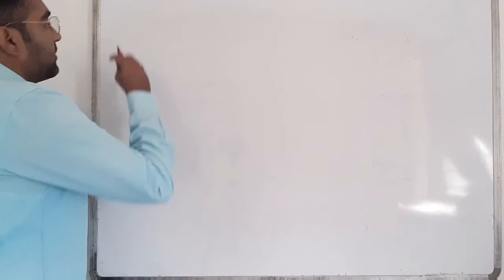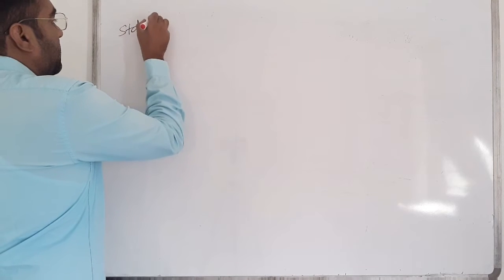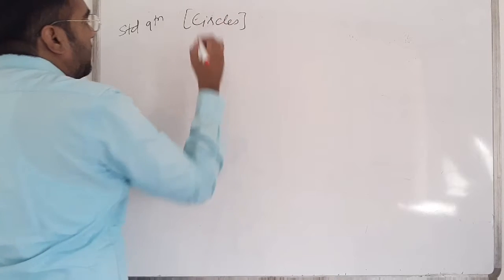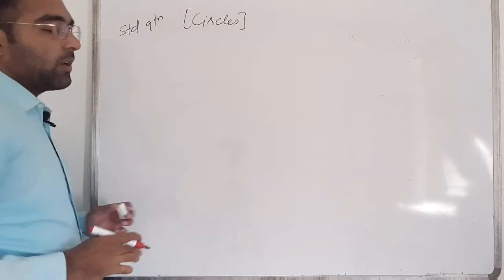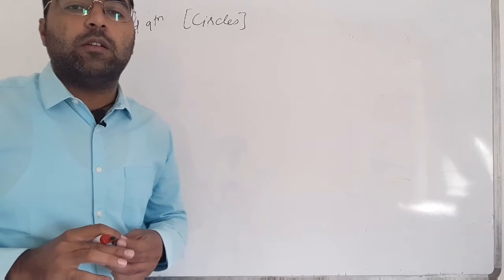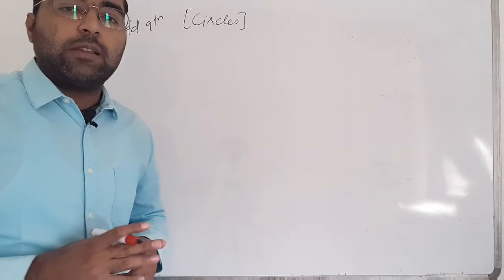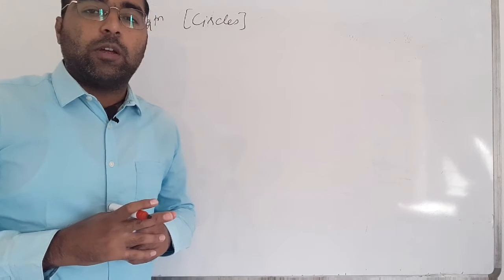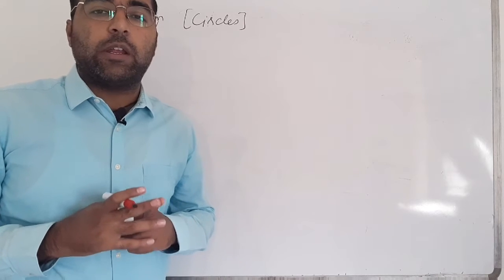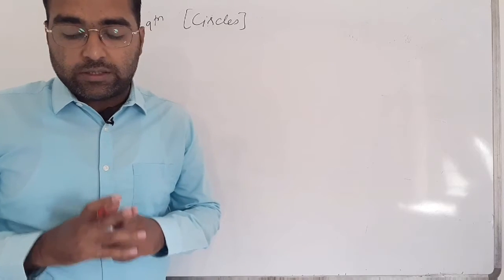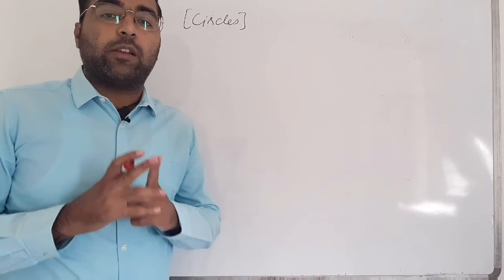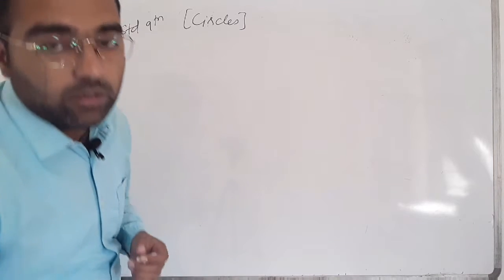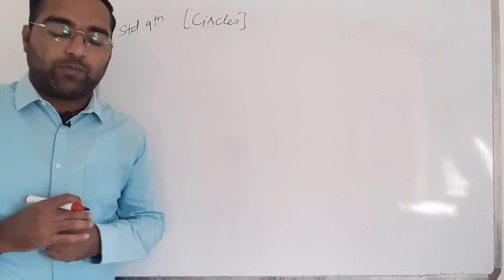We are learning about standard 9, and the name of the chapter is Circles. In circles we have already completed exercises 10.1, 10.2, 10.3 and 10.4. If you have any query about those questions, you have to see the particular session that I already taught.